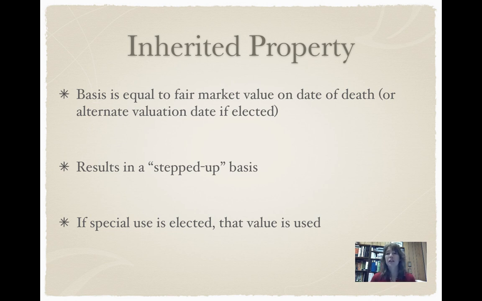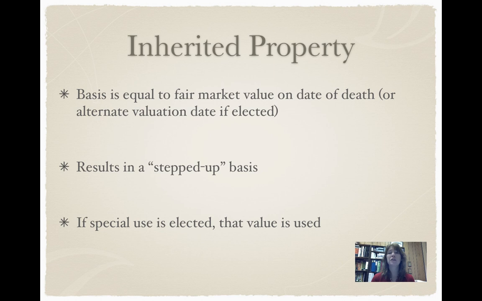There's a provision in the Internal Revenue Code with regards to estates that they can elect to value the property for special use. This basically says that the property can be valued for its productive use in a farm, a ranch, or a forestry purpose, instead of being valued at fair market value.